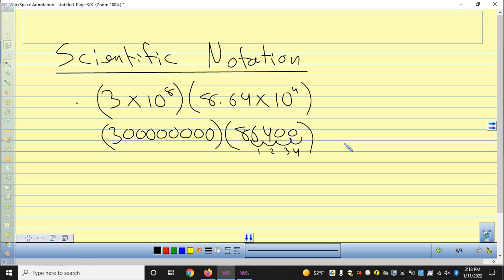Well, the rule for scientific notation is just like the rule that we just used for multiplying powers. Our rule is we're going to multiply the numbers, and we're going to add the exponents.